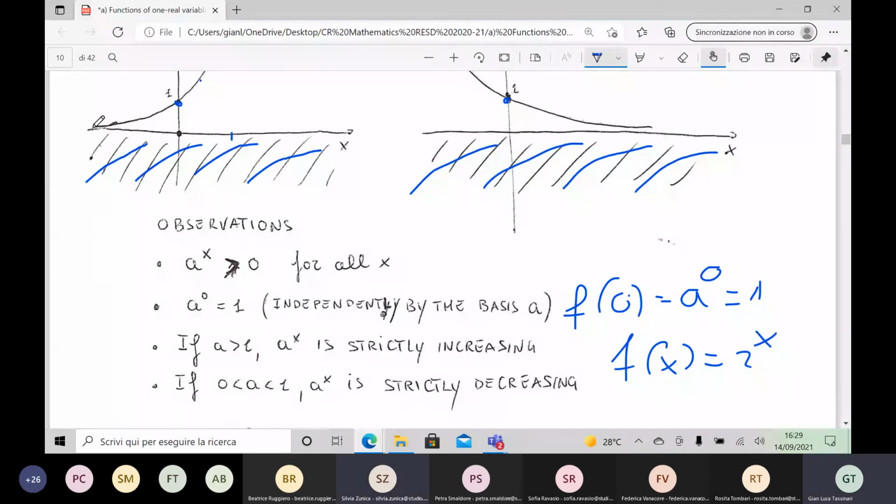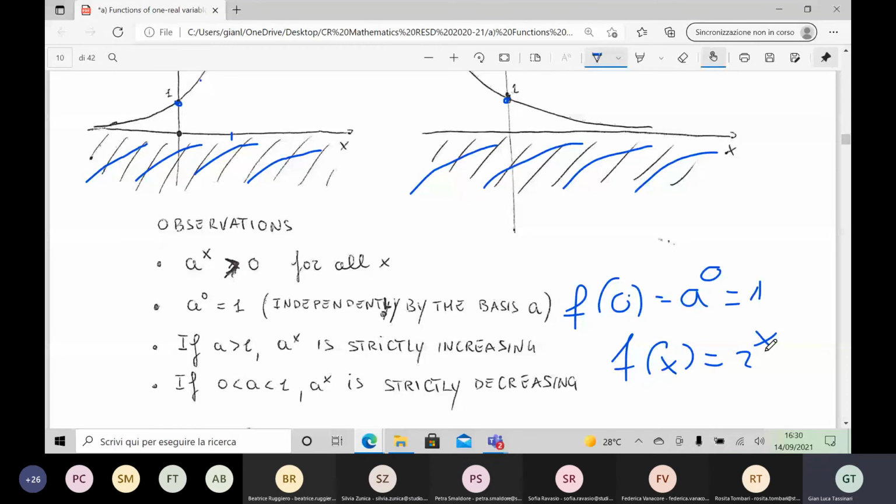Well, as you move in this direction, as x becomes more and more negative, the value of the function becomes smaller and smaller. For example, what is the value of the function when x is minus 100? f of minus 100 is 2 to the minus 100, which is 1 over 2 to the power 100, a very small number, almost equal to 0.